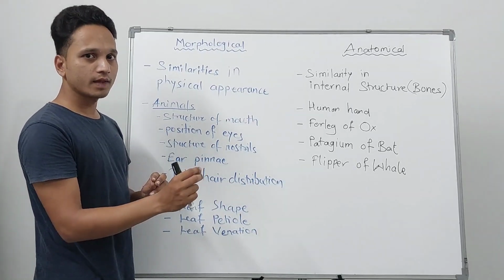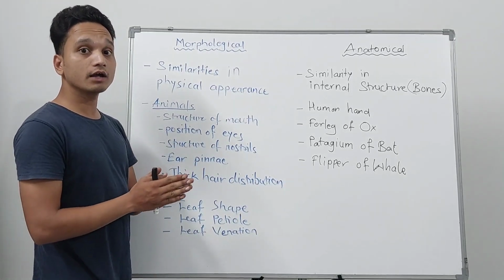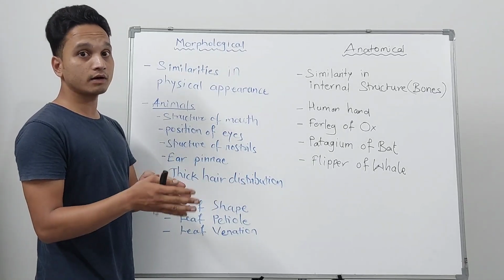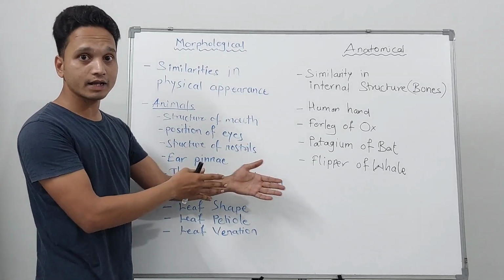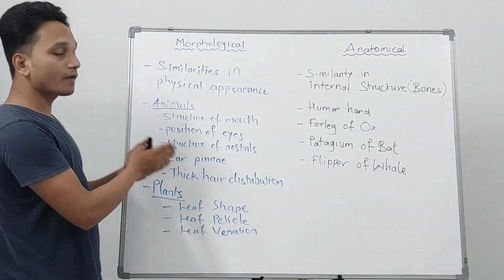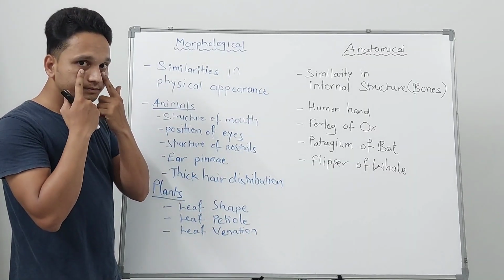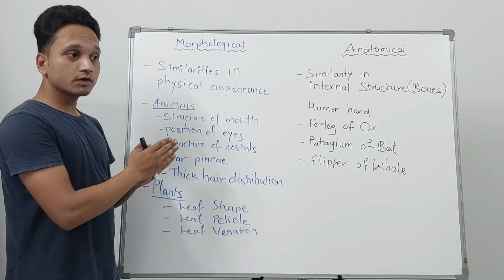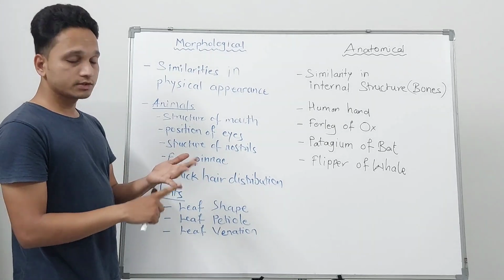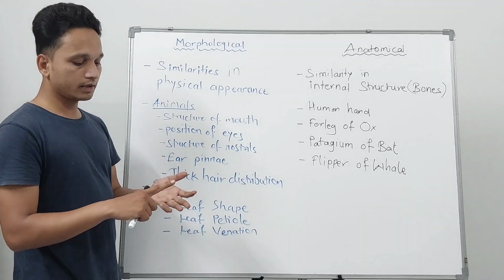It's nearly the same, and the position of mouth is again exactly the same as it is in case of any other animal. In the case of position of eyes, you can clearly see that the eyes are located exactly above the nose, exactly here.